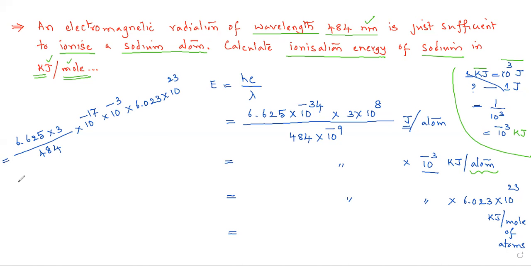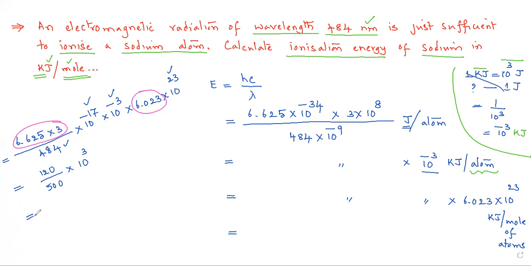Let us finalize this. Check out the way I am simplifying: this is 20, 20 into 6 is 120. 120 by 500 roughly, and minus 20 plus 23, so plus 3.